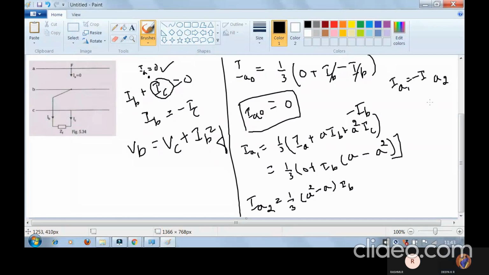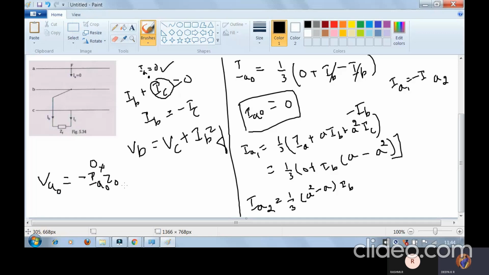So now we see there is a variation of current flowing through the network, which tells you that you need to write a parallel network. The zero sequence is separate, and the positive and negative sequences can be written in combination. Next we go for the voltage. When IA0 is 0, then VA0 also becomes 0, because VA0 is the product of minus IA0 into Z0, and IA0 is already 0.